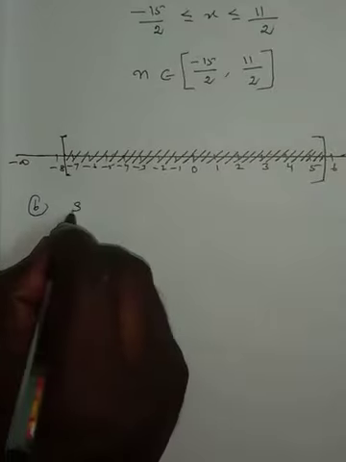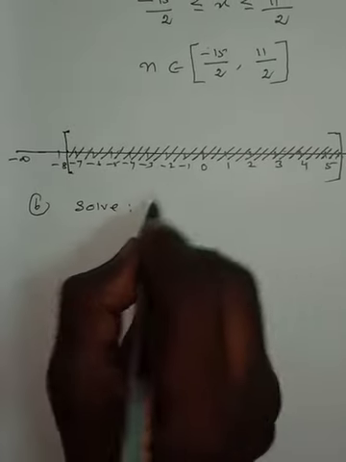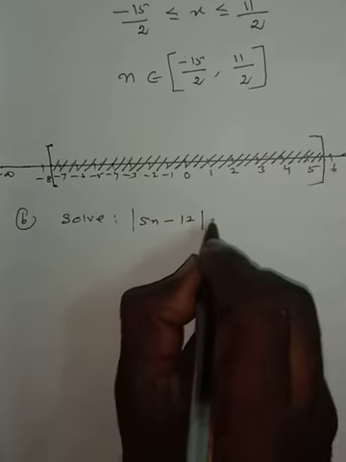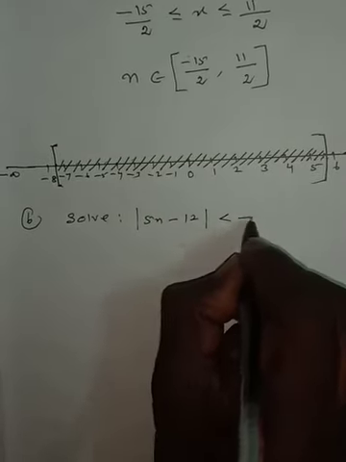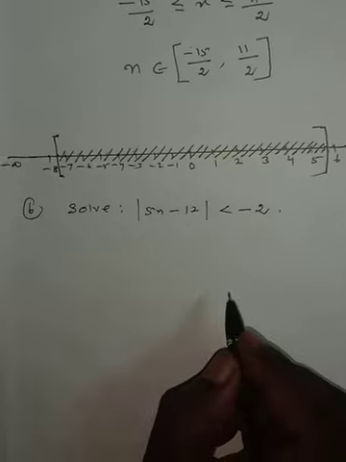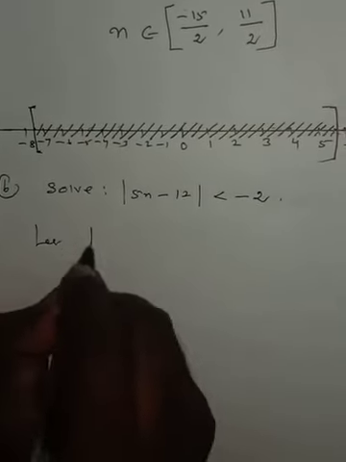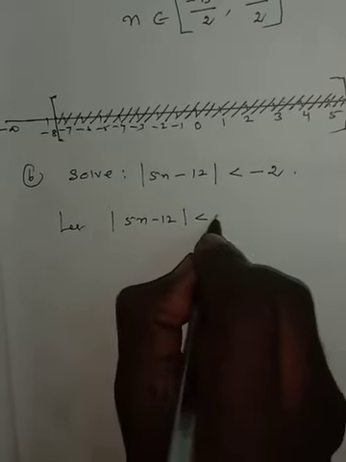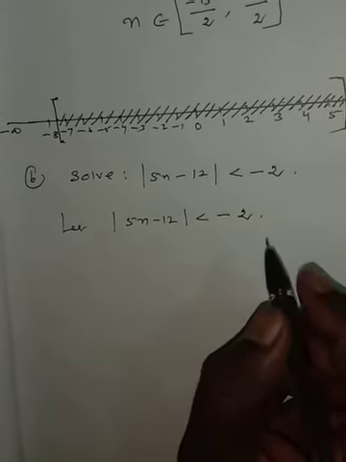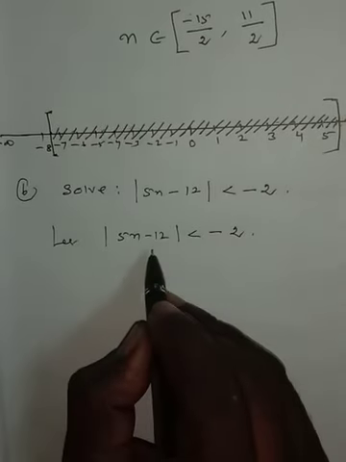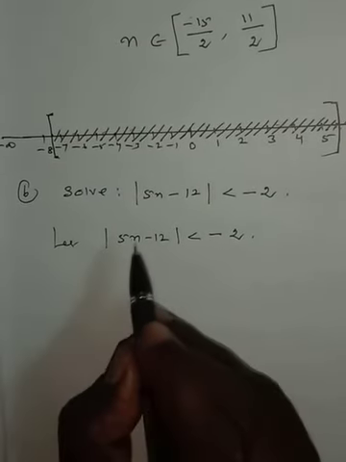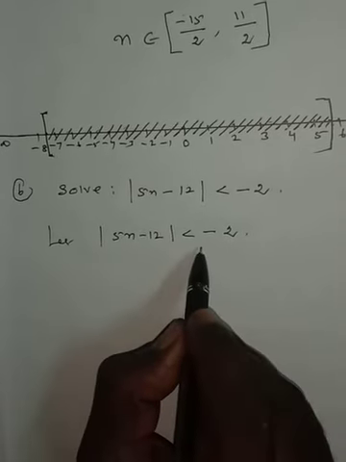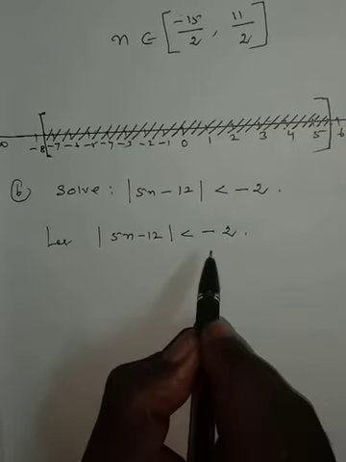Next, sum number 6. Solve modulus of 5x minus 12, which is less than minus 2. Let modulus of 5x minus 12 be less than minus 2. But the formula is modulus of m less than s, or modulus of m less than or equal to s, or modulus of m greater than s, or modulus of m greater than or equal to s.